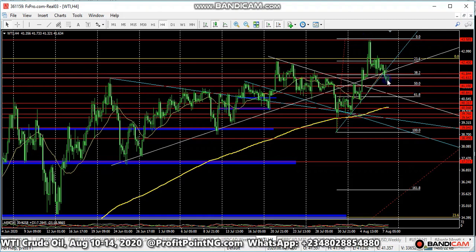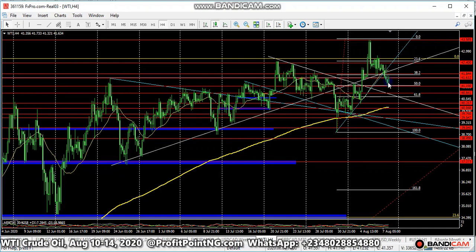Going forward now, with my Fibonacci placed here, drawn from the stop hunt level two weeks ago to the highest level it reached last week, we saw that this retracement bounced back from the 50% Fibonacci retracement level.